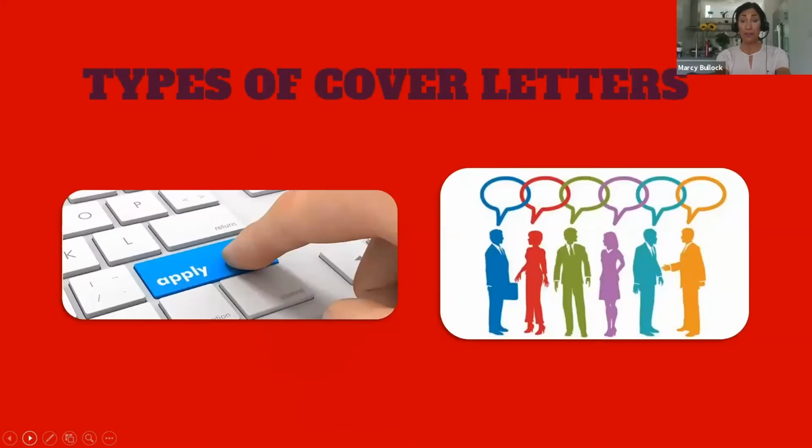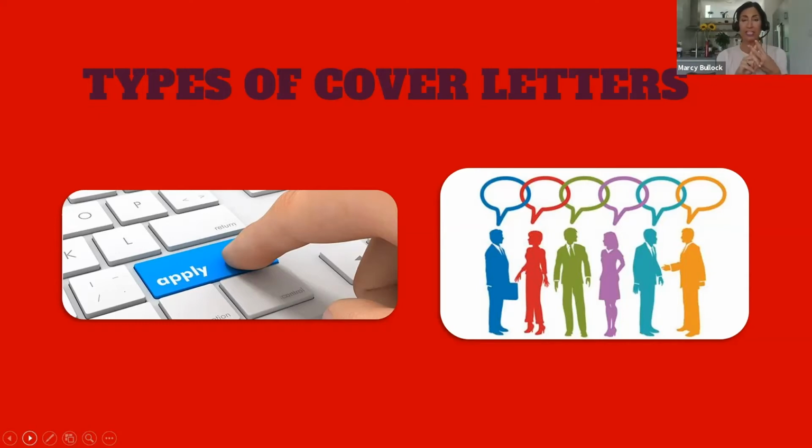So there are a few different types of cover letters. You've got the broadcast letter that you might send out to all of these different jobs within an industry. So you want to work in IT as a project manager, and you find all the IT companies in the geographical area you want to apply to. You might not see an advertised vacancy, but you're introducing yourself. That's a broadcast letter.